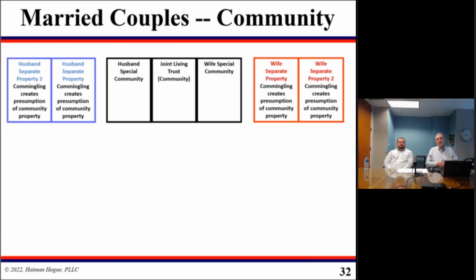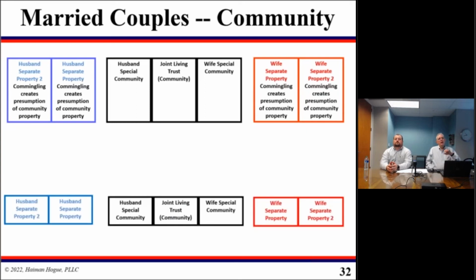Unfortunately, that creates a commingling problem. And if there's community property that goes in there, it's presumed to be community property. Now, why is that community property? Because under Texas law, all income is community property, unless there is a valid marital property agreement that states otherwise.